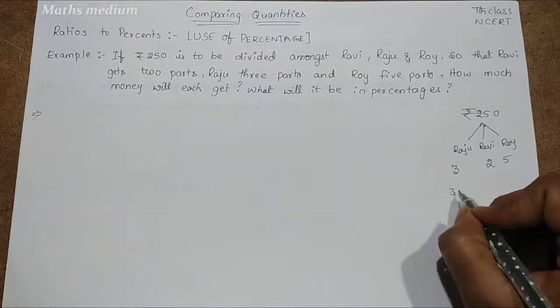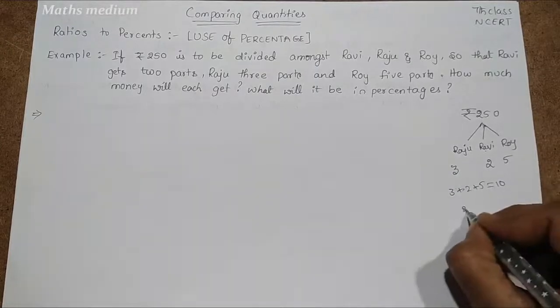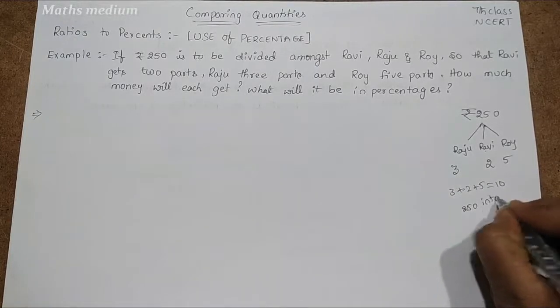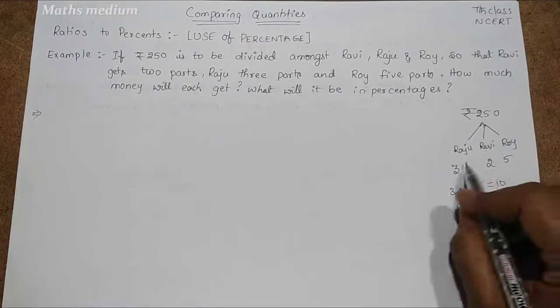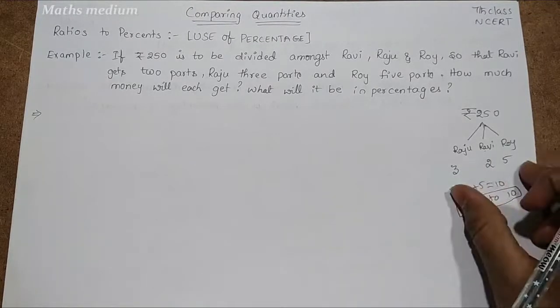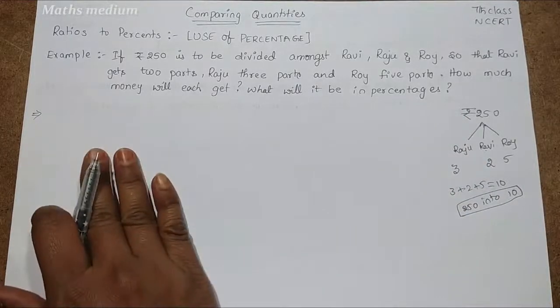It means 3 plus 2 plus 5, 10. If you make 250 into 10 parts, then they will divide accordingly, right? This matter we are making step by step procedure and then we will get the better answer.